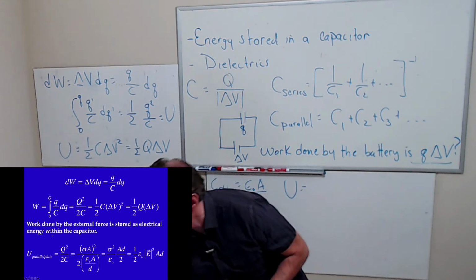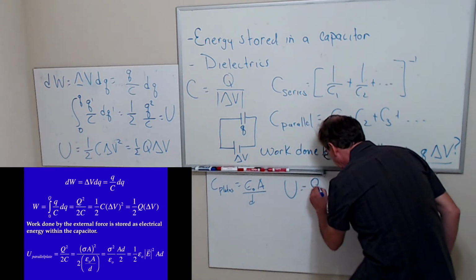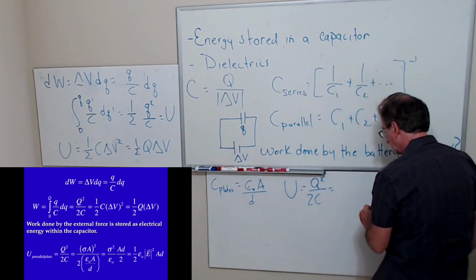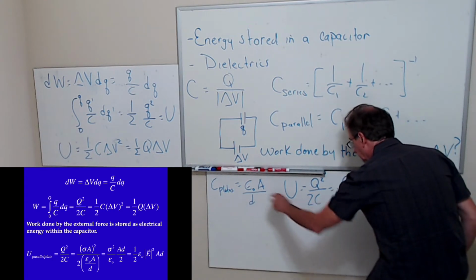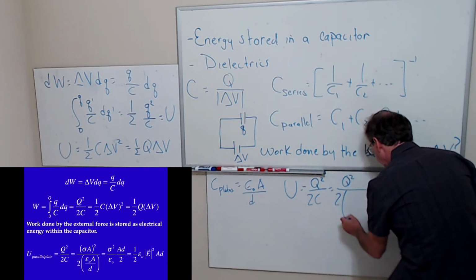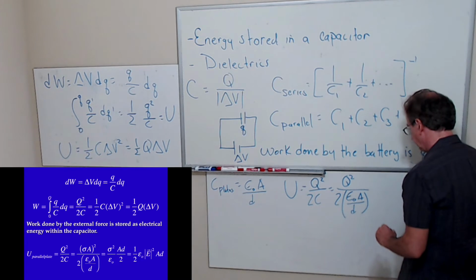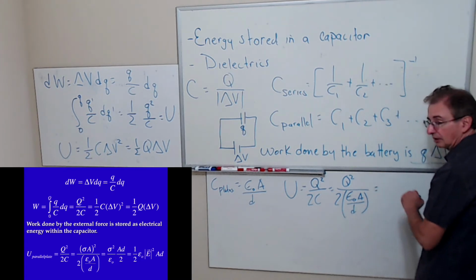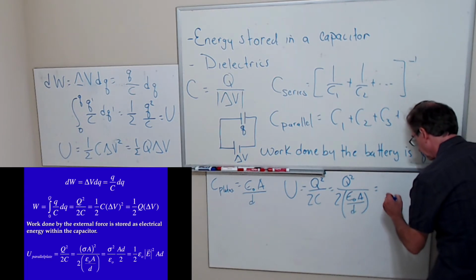I'm going to write it as Q squared over 2C, which is Q squared over twice this guy, and let me rearrange this a little bit.